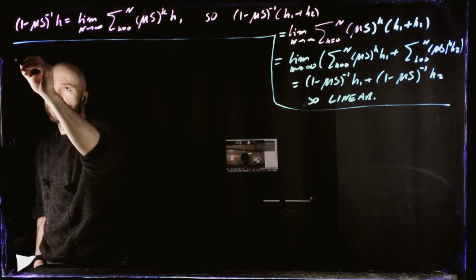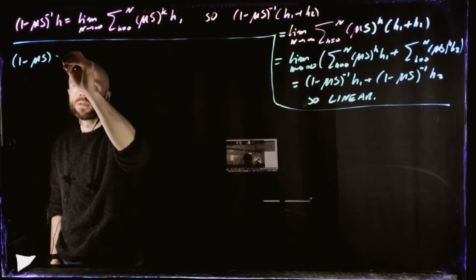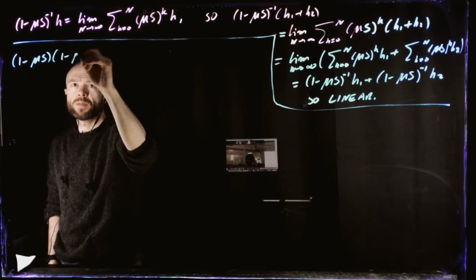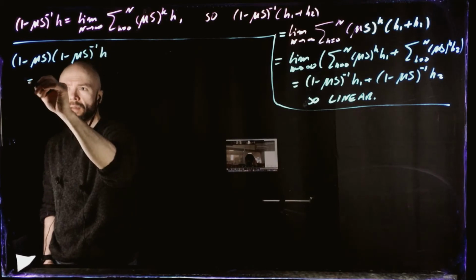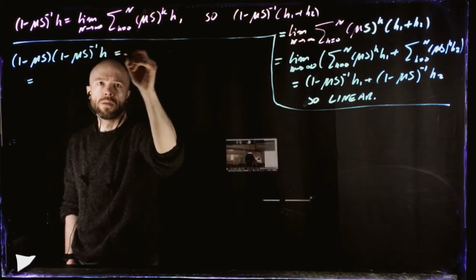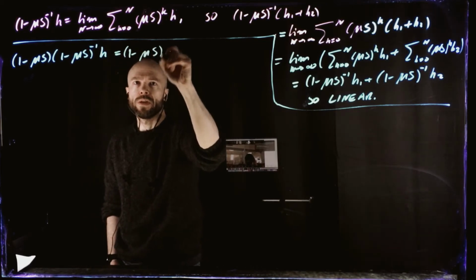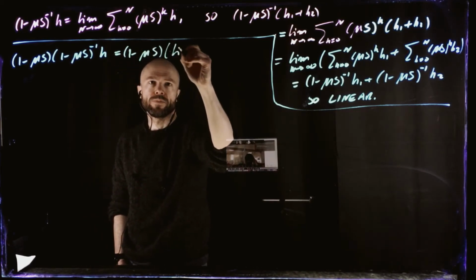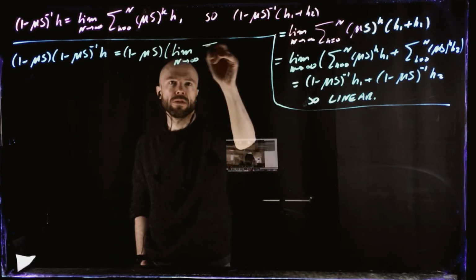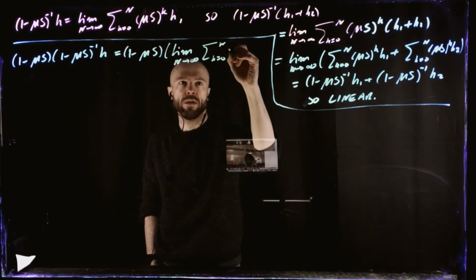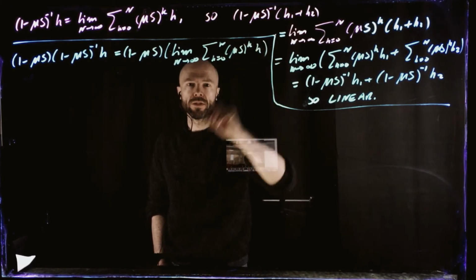Now, if we take 1 minus mu of s times 1 minus mu of s to the minus 1 times h, then what's that? That is, let's put it here, 1 minus mu of s, and then this is the limit as n goes to infinity of the sum from k equals 0 to n of mu of s to the k times this function h, like this.